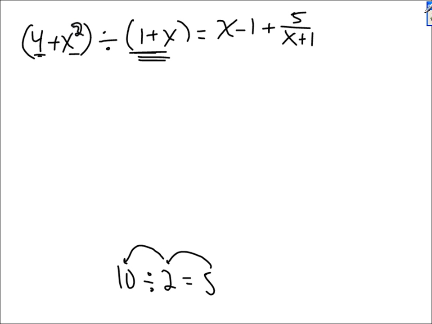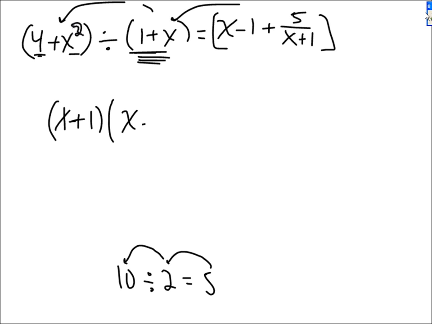I'm going to take x minus 1, I'm going to multiply it by this. That is, this product should give me x squared plus 4. Okay. 1 plus x, I'm just going to call it x plus 1. Multiplied by x minus 1 plus 5 over x plus 1.